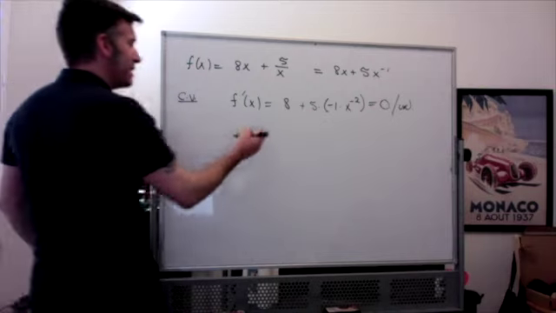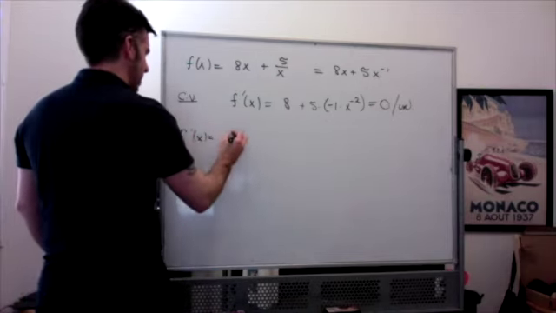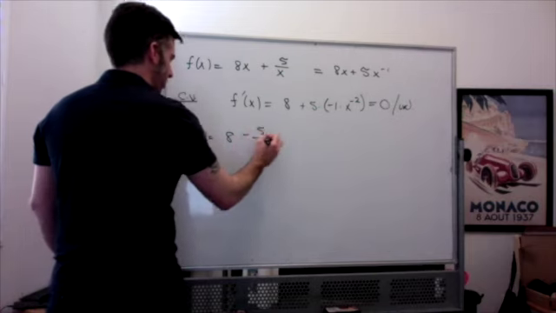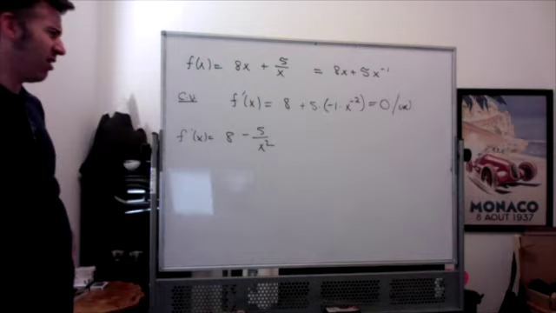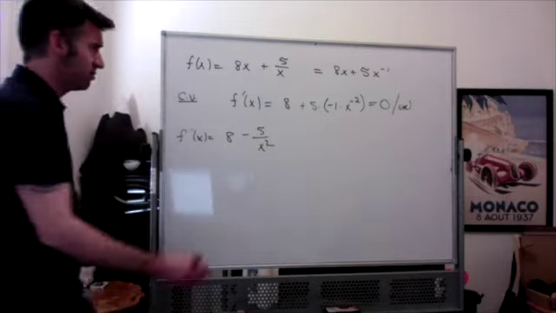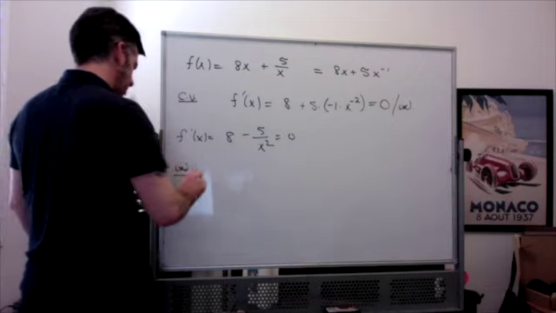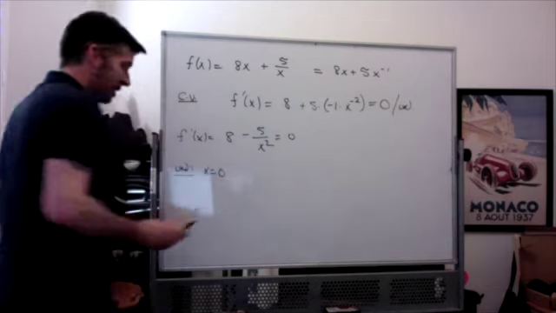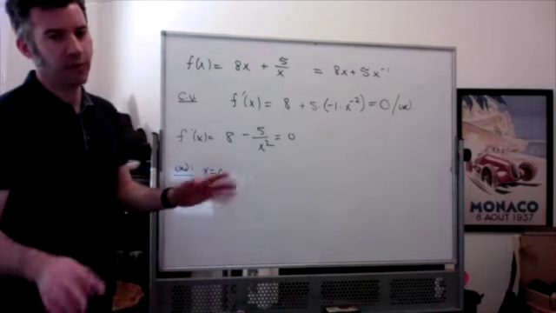And it's maybe easier to see this if I rewrite it as f prime of x is 8 minus 5 over x squared. That makes it a little easier to see, oh yeah, of course it's undefined at 0. So undefined at x equal to 0. Is 0 a critical value? No.